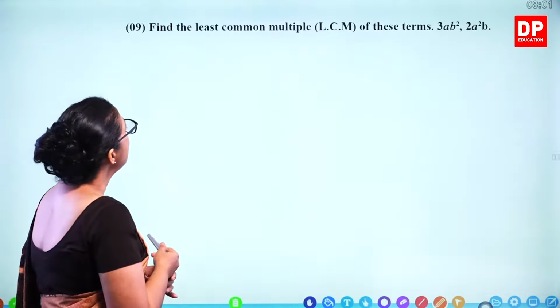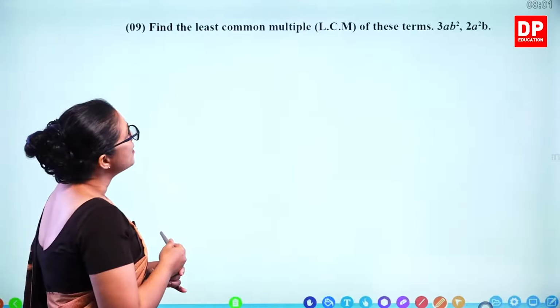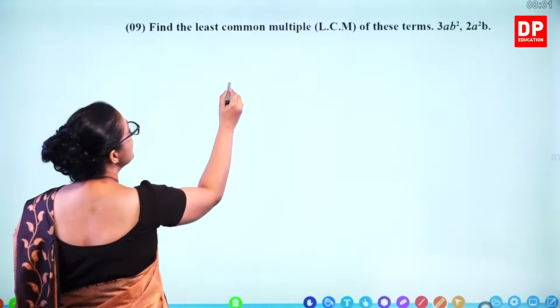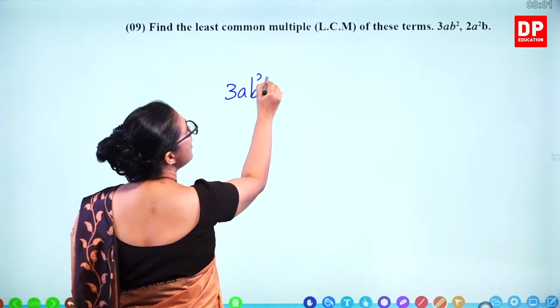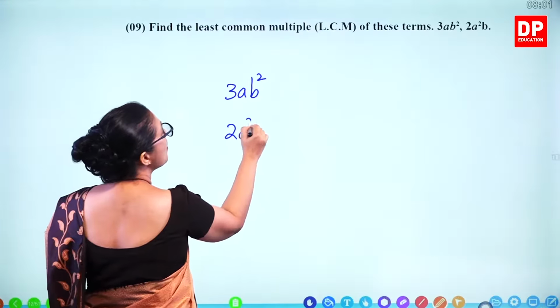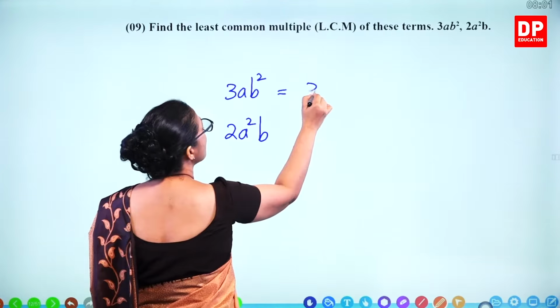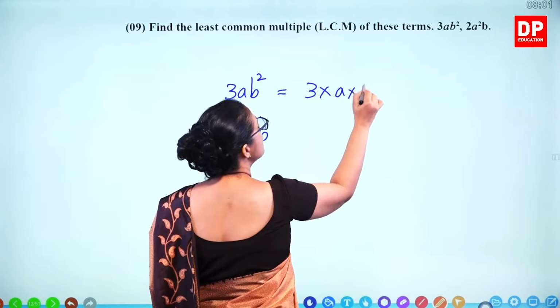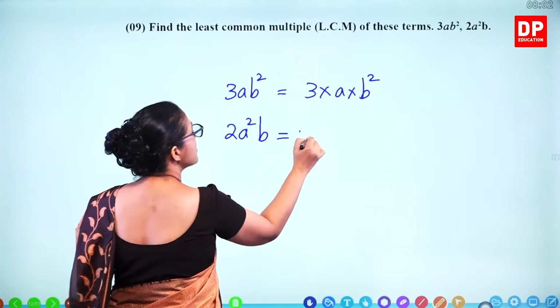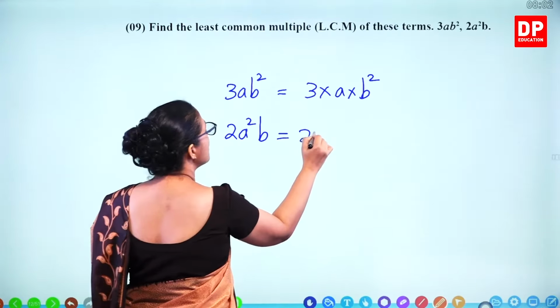Question number 9. Find the least common multiple of these terms: 3ab squared and 2a squared b. The factors are 3 times a times b squared, and 2 times a squared times b.